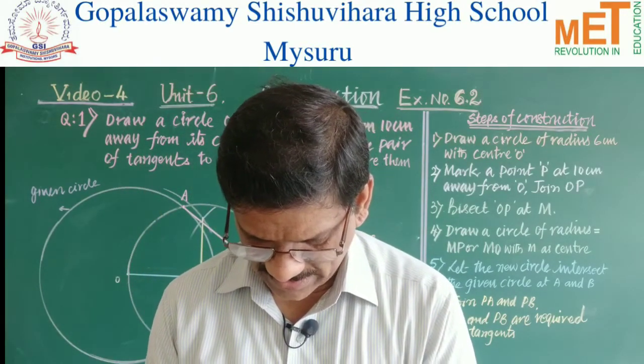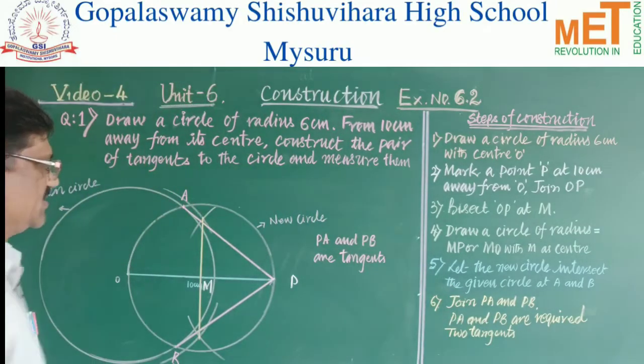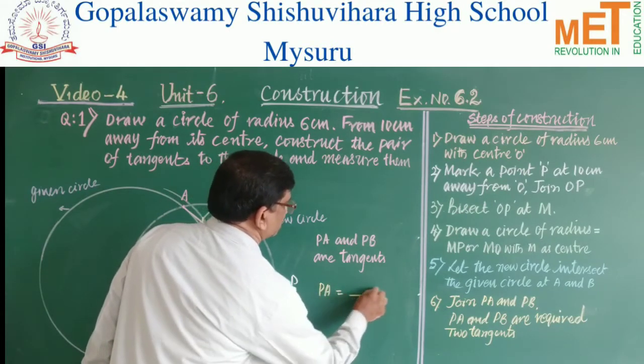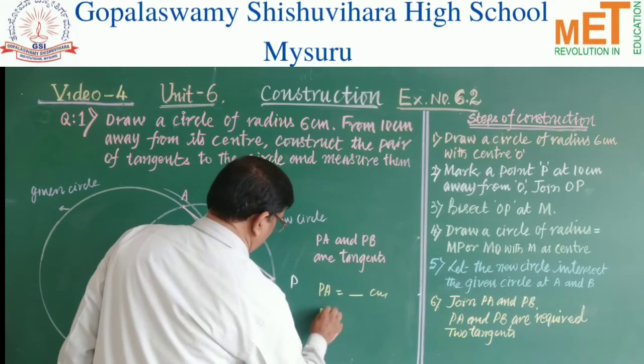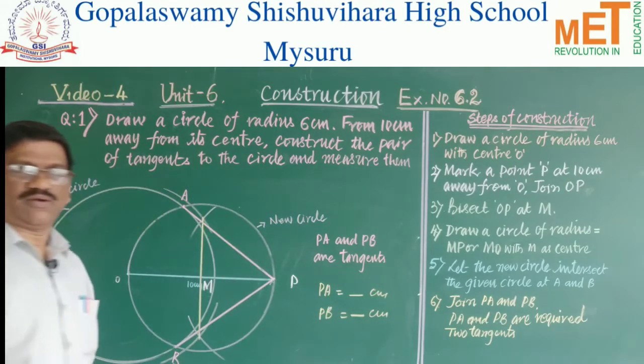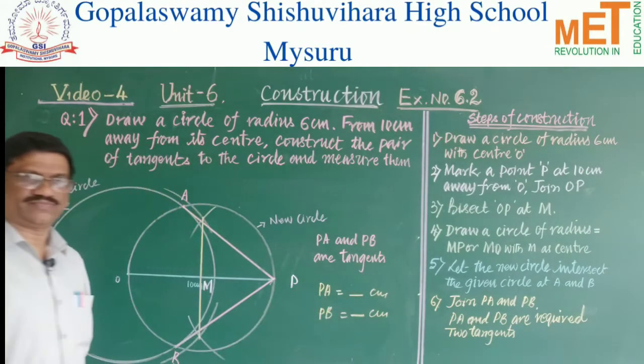Measure it and write it out: PA is equal to dash centimeter, PB is equal to dash centimeter. Measure the length and write it down here.